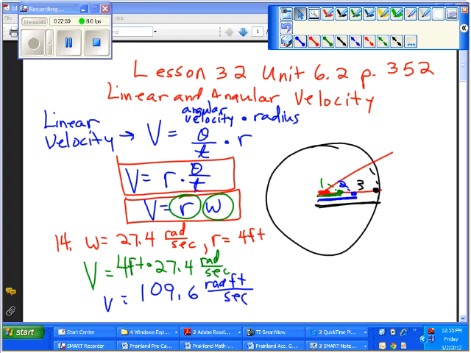It's kind of understood that it's radian feet per second, okay? That radian kind of got attached in there. But anyway, we're going 109.6 feet per second. You could change it into miles per hour if you wanted to do a lot of dimensional analysis, right? So how fast would they really be going in miles per hour? We'll do that in just a moment, just to show you how to do that. Let's look at number 15.